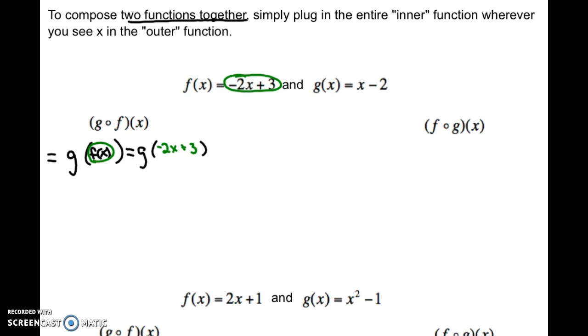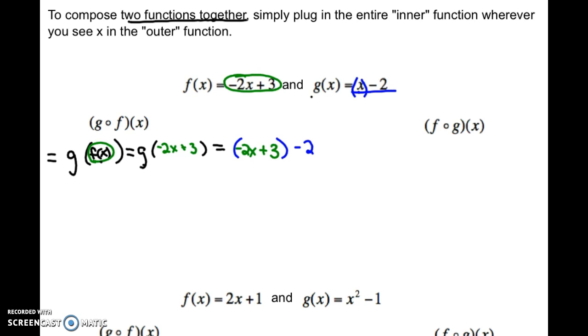And then it tells us to do the g. Our g function says take the x and subtract 2. So it's saying take the x, the whole thing, and subtract 2, and that whole thing is our negative 2x plus 3.